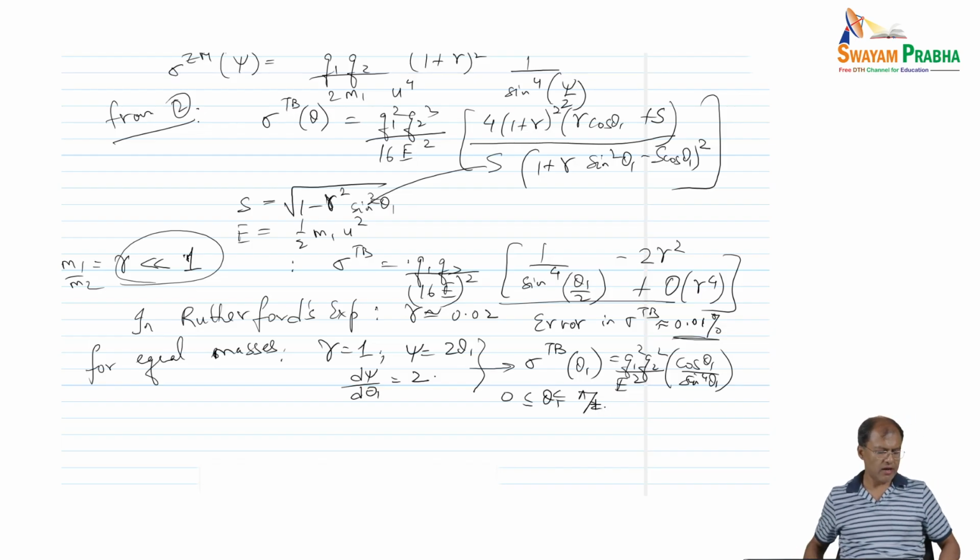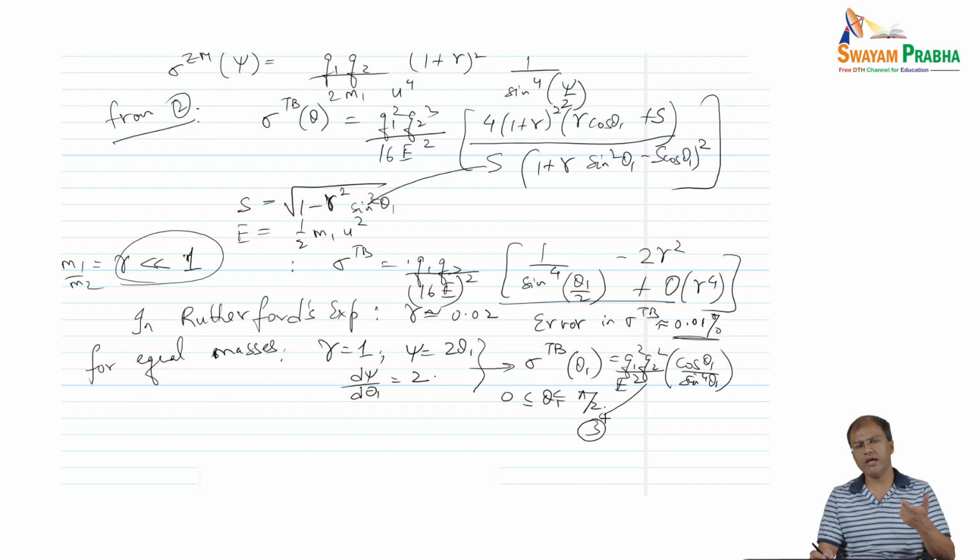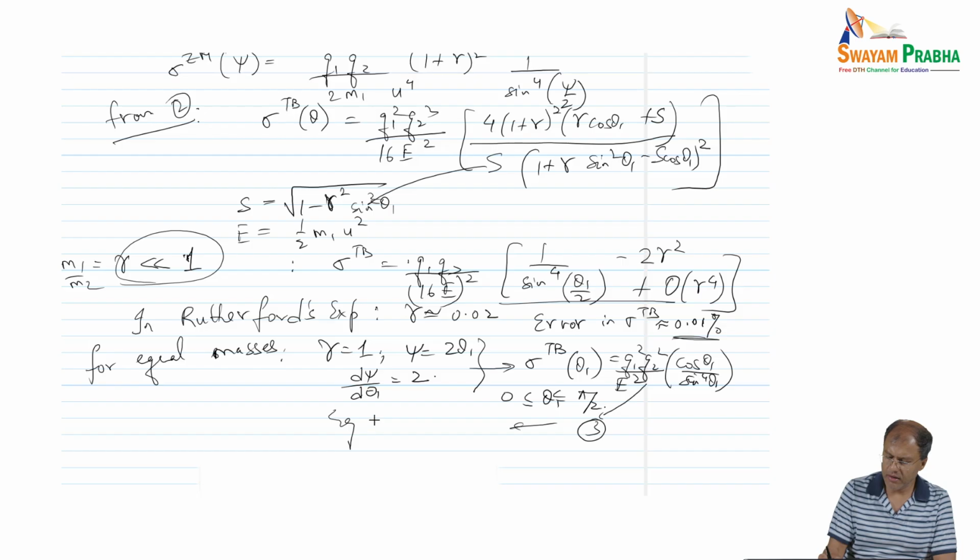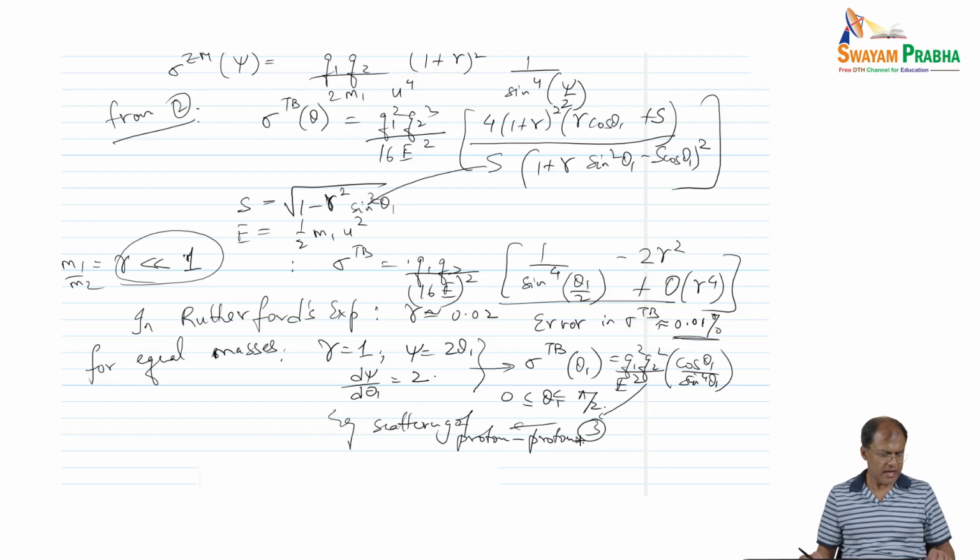Let me call this formula number 3. So typically 3 applies to particles of equal nature, for example, the scattering of protons by protons, right? So that's the scenario, proton scattering.